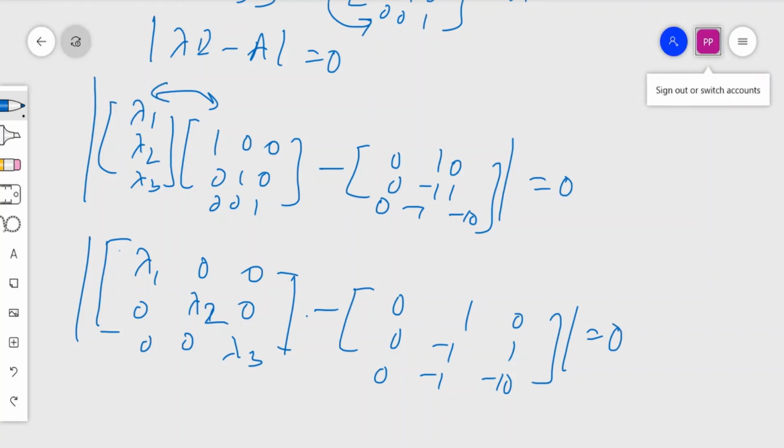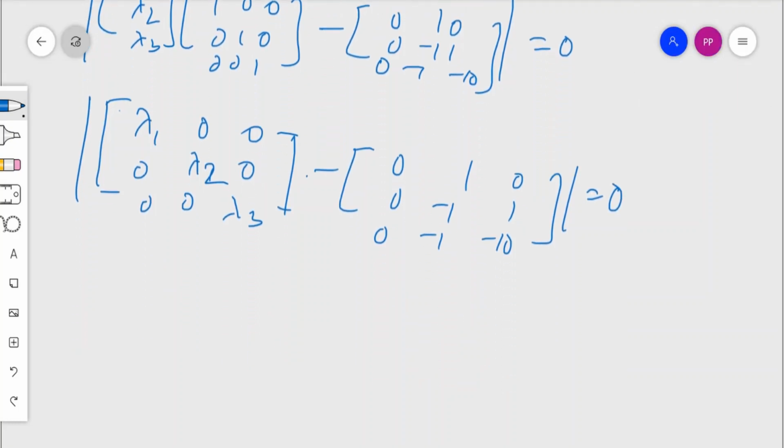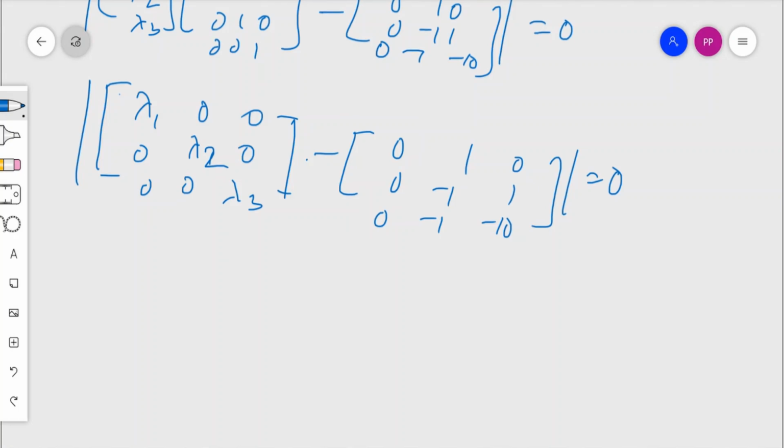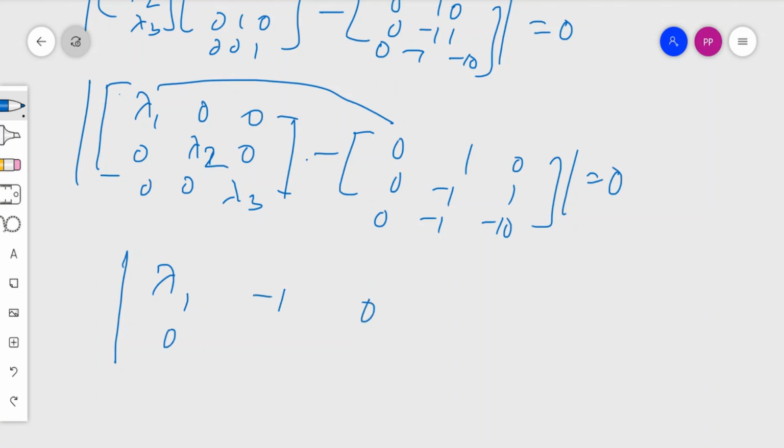My advice to the students is that please do it yourself to have a sense of how the mathematical progression is happening. So we have the determinant of lambda, minus 1, 0; 0, lambda plus 1, minus 1; 0, 1, lambda plus 10, equal to 0.